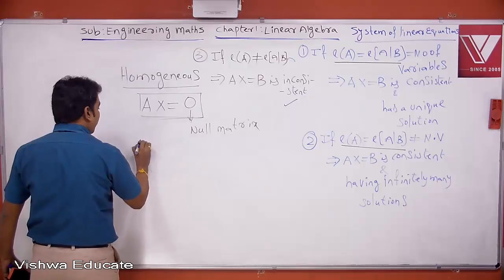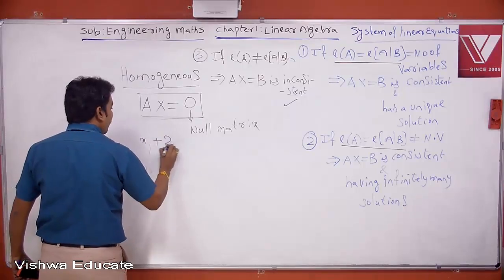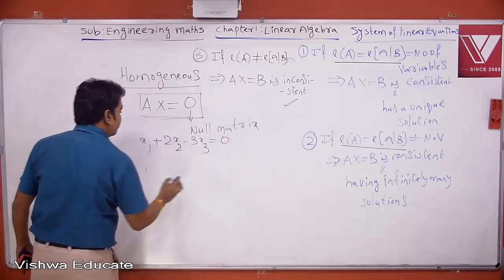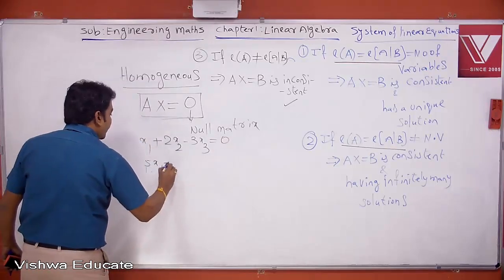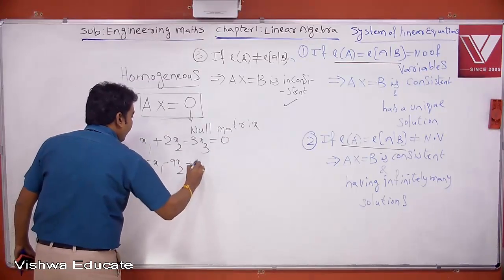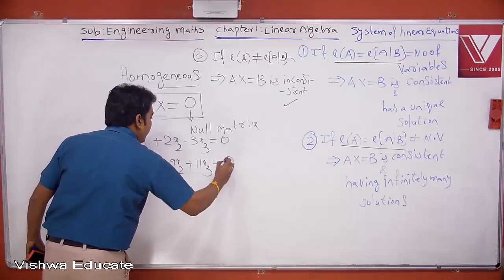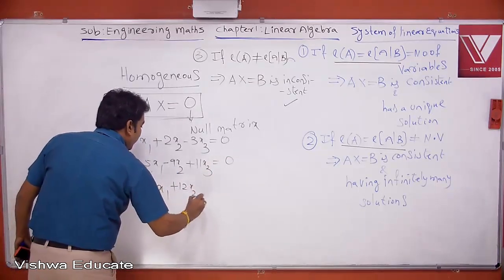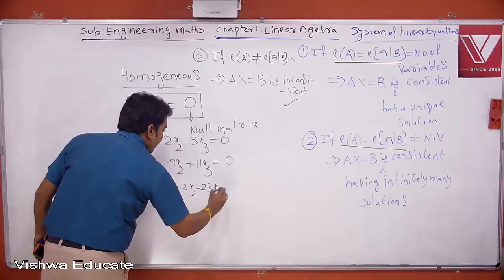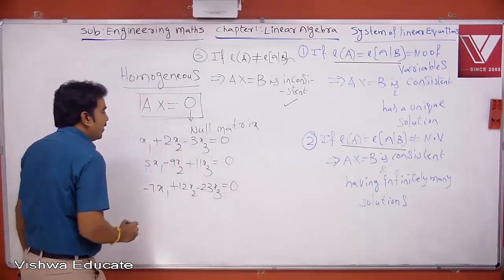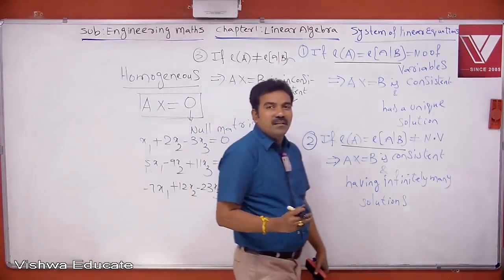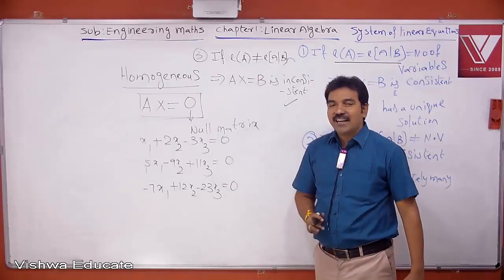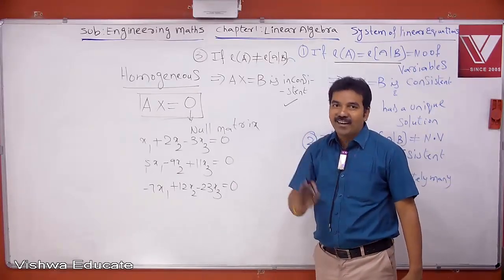Let me write one example. Suppose I have x1 plus 2x2 minus 3x3 equal to 0. 5x1 minus 9x2 plus 11x3 equal to 0. Minus 7x1 plus 12x2 minus 23x3 equal to 0. Now, you can observe, while I am writing these equations, I don't have any constants in mind.